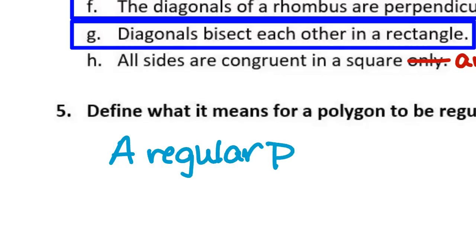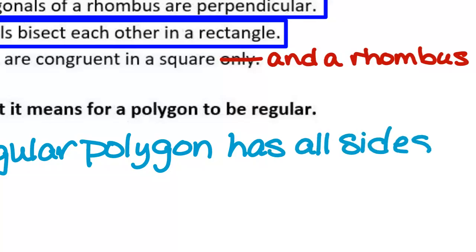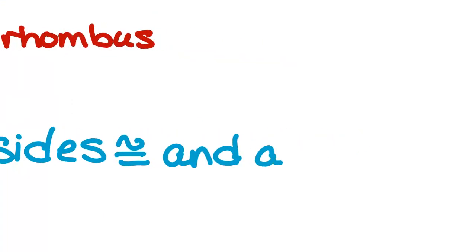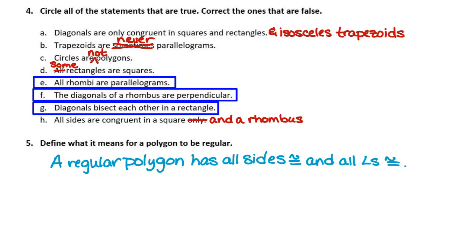A regular polygon has all sides congruent and all angles congruent. All sides congruent, all angles congruent.